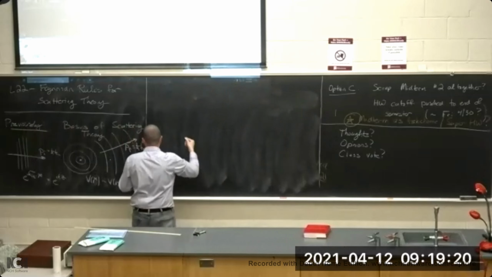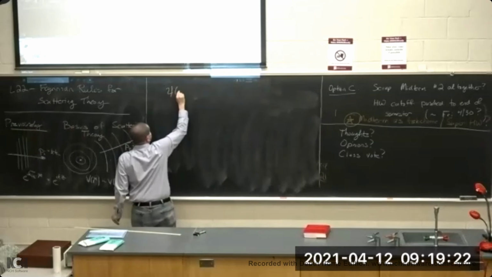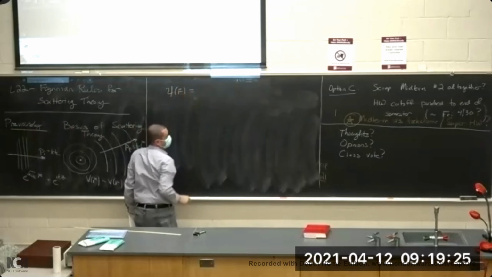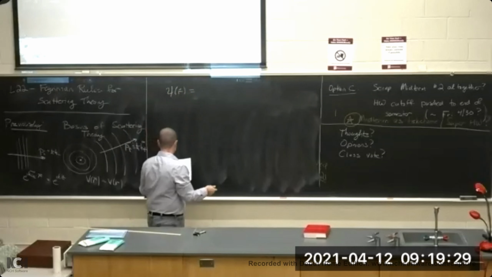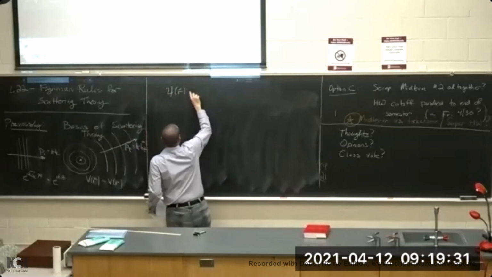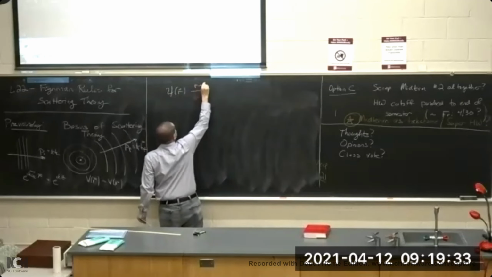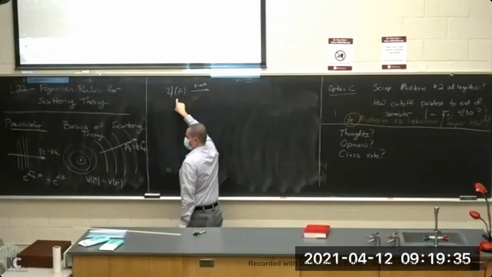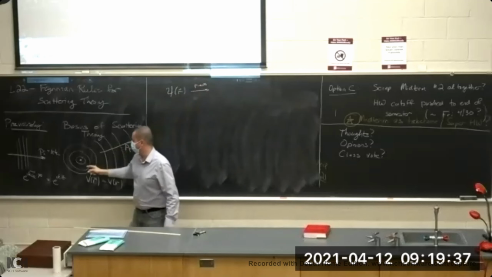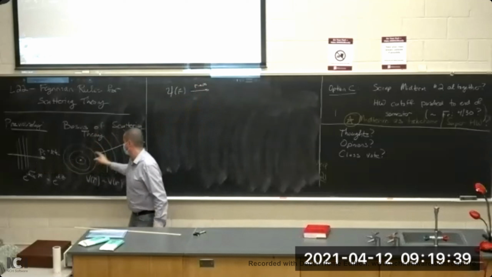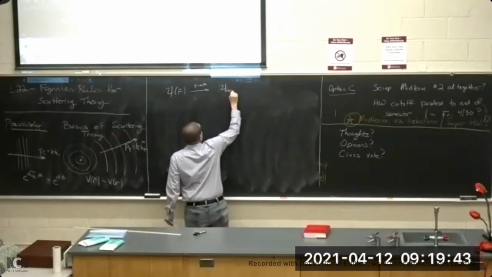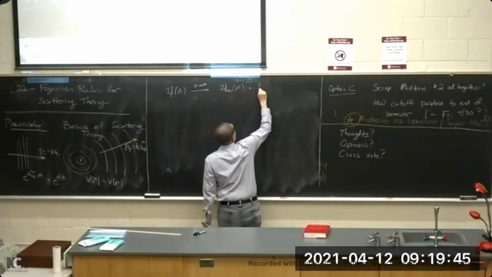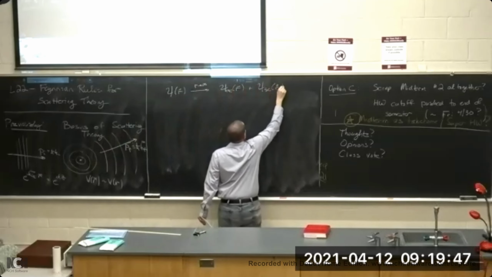So mathematically, what we said is that this is described by the asymptotic form of the wave function. We describe this as a boundary value problem at infinity for the time-independent Schrodinger equation. So we say as r goes to infinity, this wave function should separate out into two contributions, one from the incoming plane wave, one for the outgoing spherical wave. So there should be psi incoming of r plus psi scattered of r.